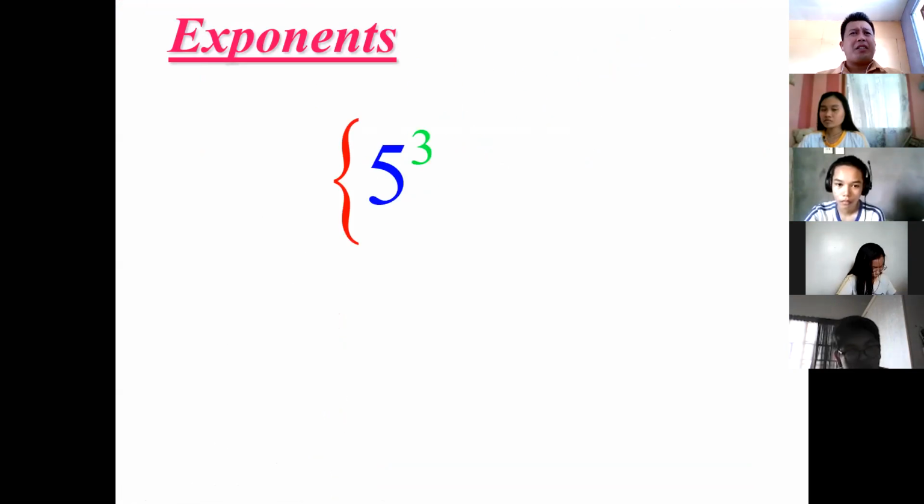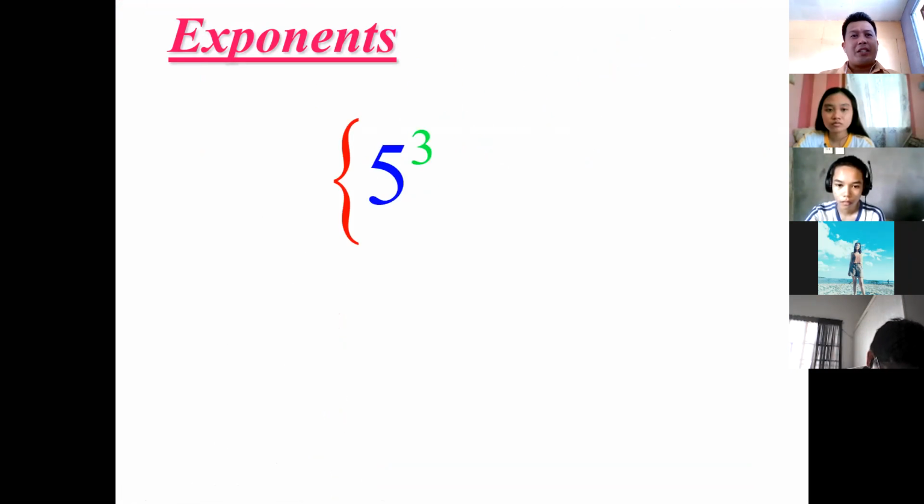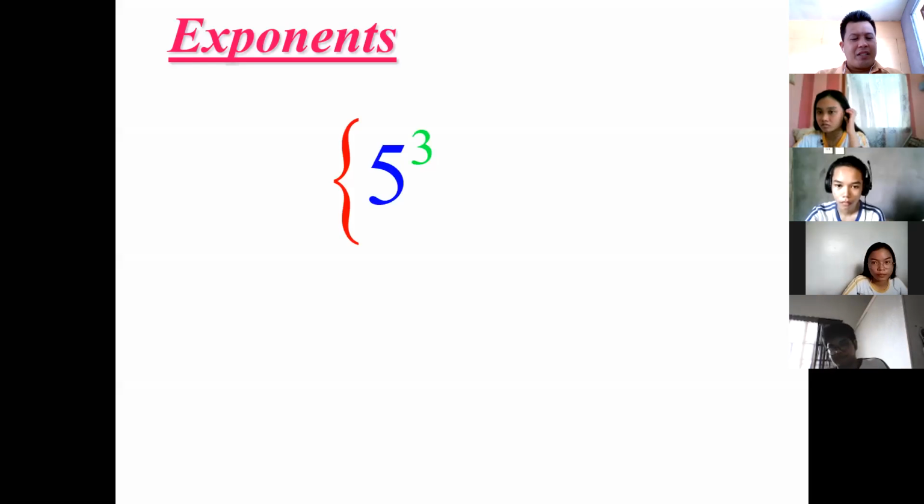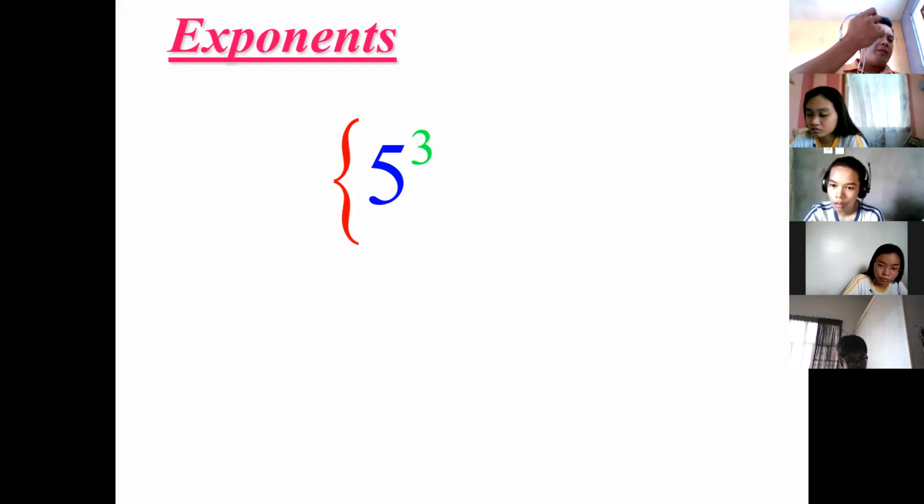So this notation, class, is what we call exponential notation or exponential expression, or in some references we call this exponentiation. Exponentiation, exponential expression, exponential notation, or simply the word exponentiation is acceptable to give this a name.